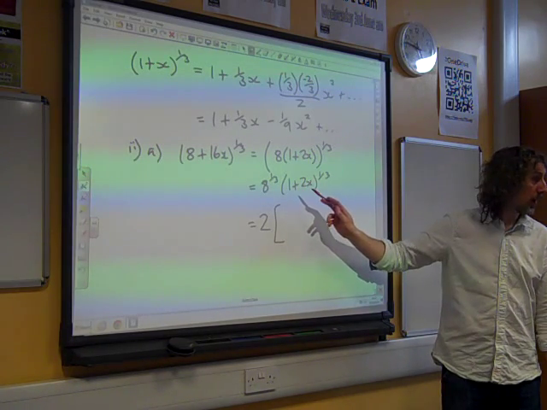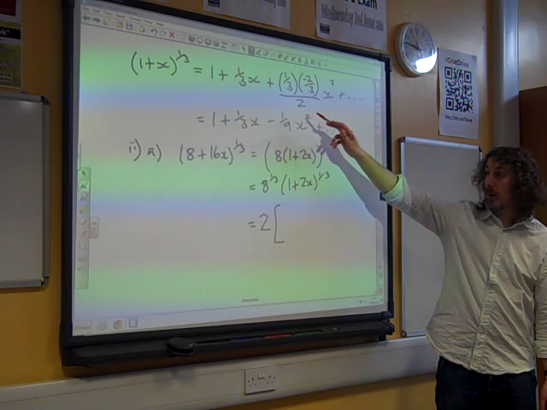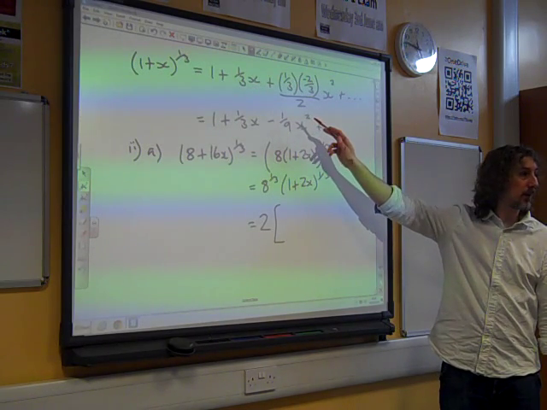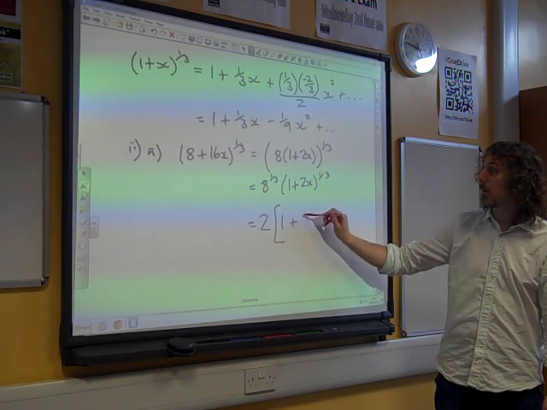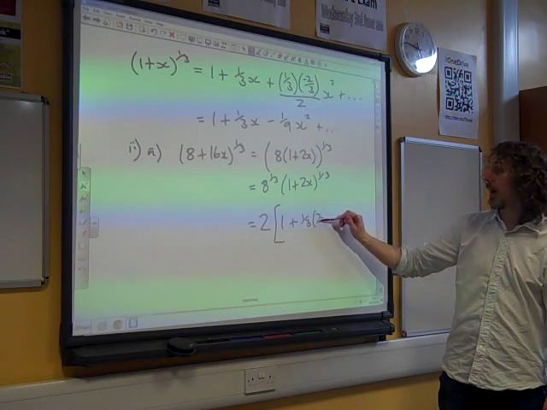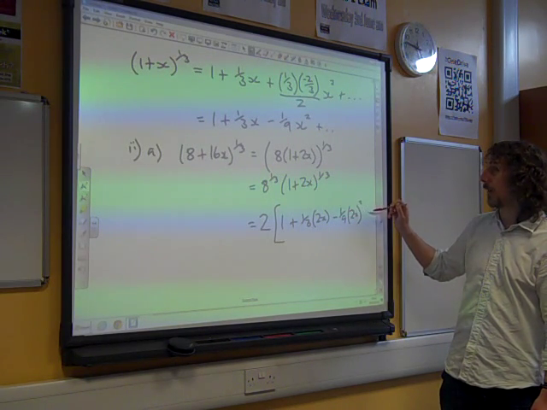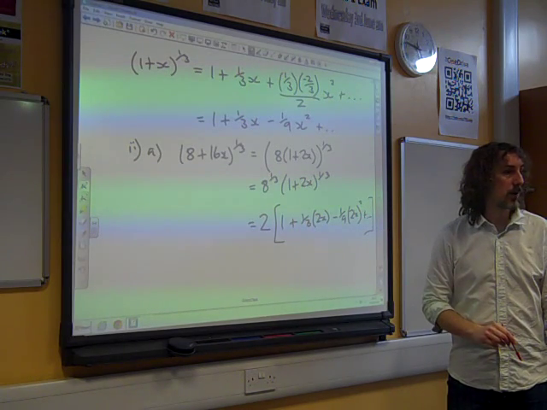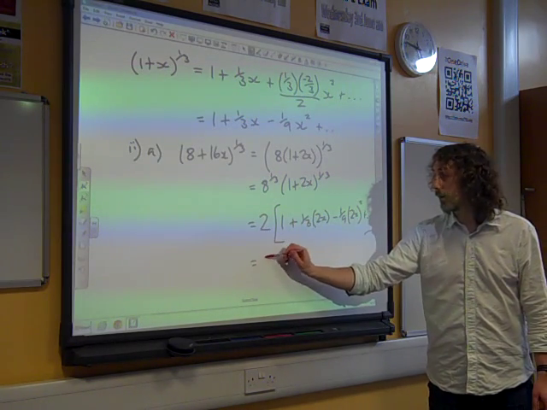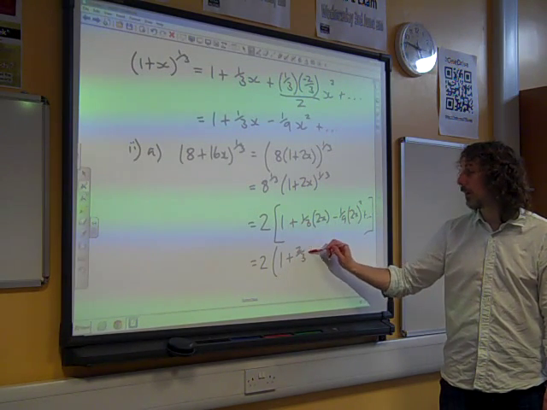And this is the same expansion that we've just done up here, but we need to replace x with 2x. So this is 1 plus a third of 2x minus a ninth of 2x squared. And then it will go on. And so we've got 2 lots of 1 plus 2/3 of x.